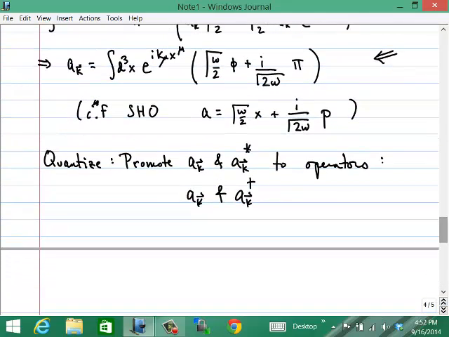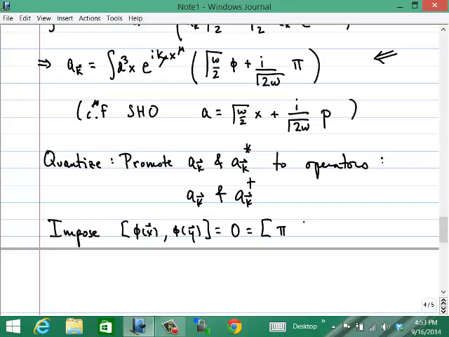And the basic rule that we impose is the fundamental commutation relation, which is that the commutator at equal times of phi of x with phi of y is equal to 0. That's just like in standard single particle quantum mechanics, the commutator of x and y is equal to 0.